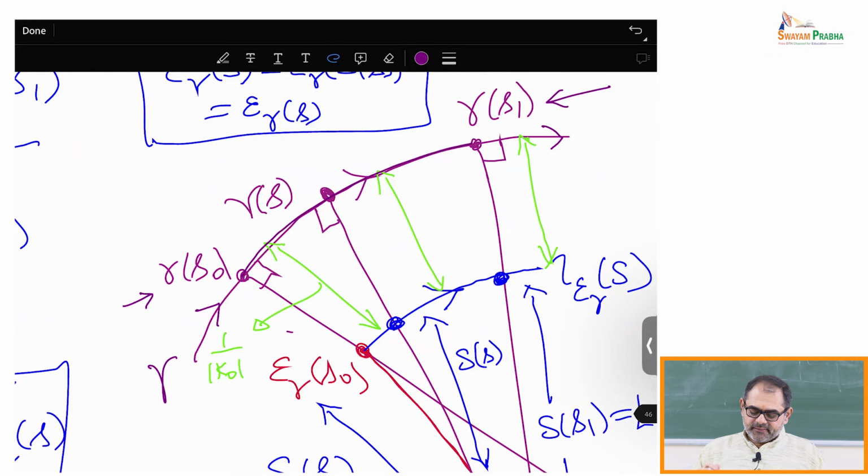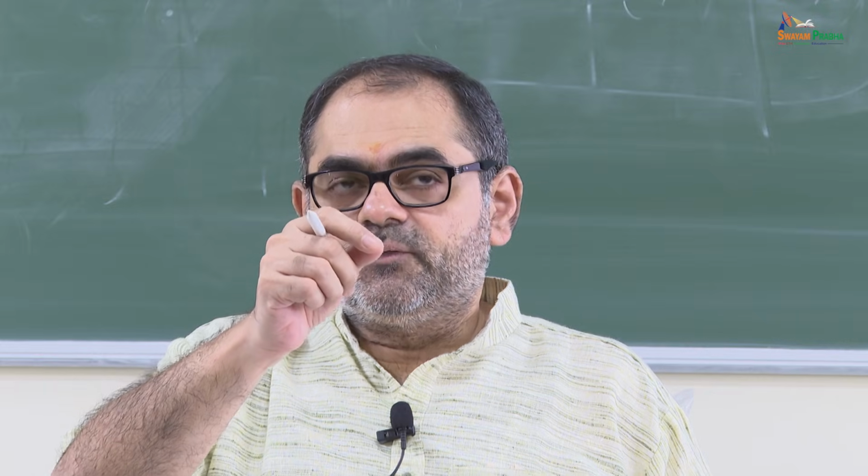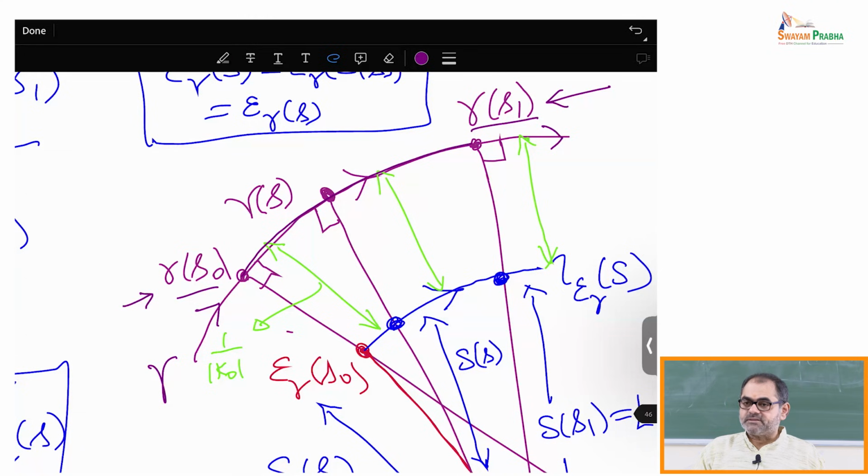And for that portion of the curve, we look at the corresponding evolute, which is epsilon sub gamma. As you know, the evolute is the envelope of the normals. So you have to draw the normals at gamma S0 and gamma S1, and they will be part of the family whose envelope is the evolute.